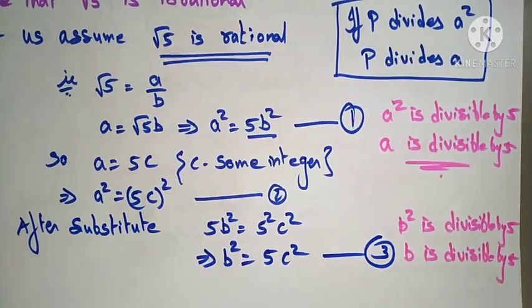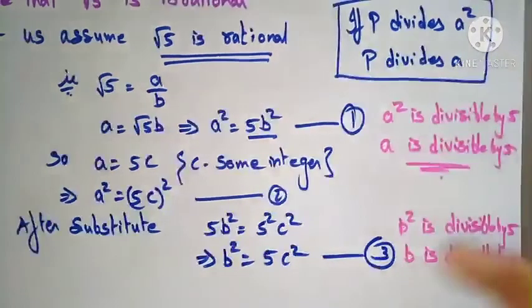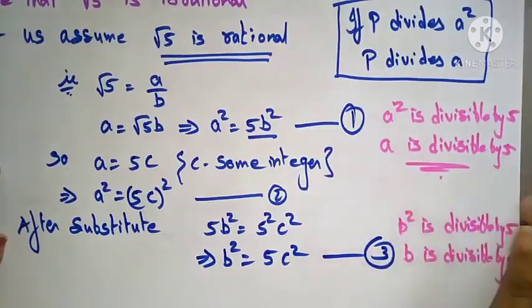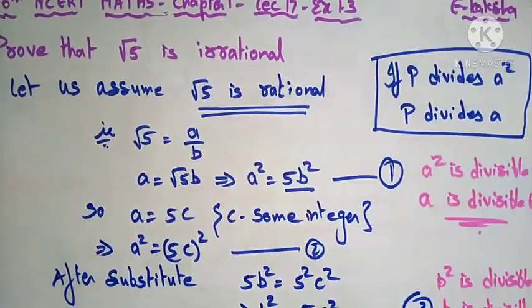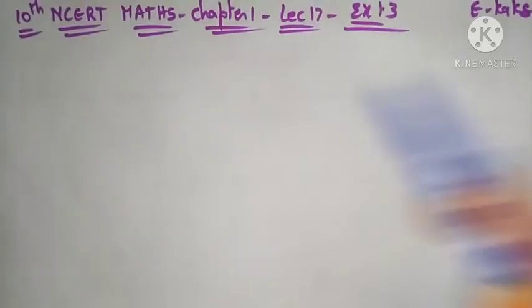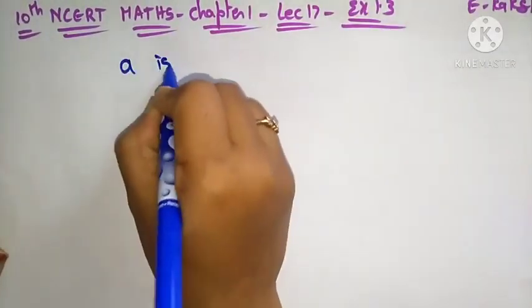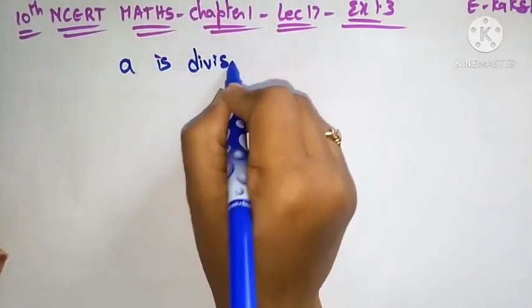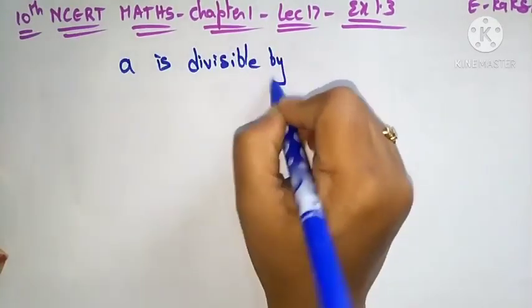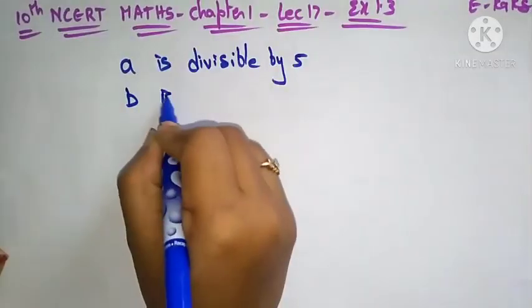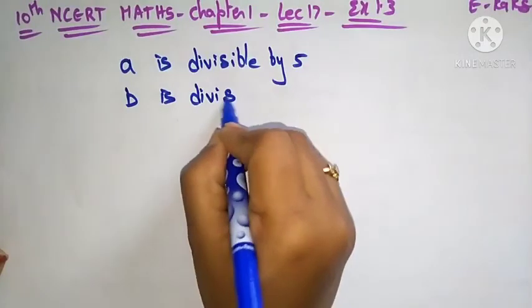So b square is divisible by 5 means b is also divisible by 5. You need to follow the step-by-step procedure to solve these problems. So a is divisible by 5 and b is divisible by 5.